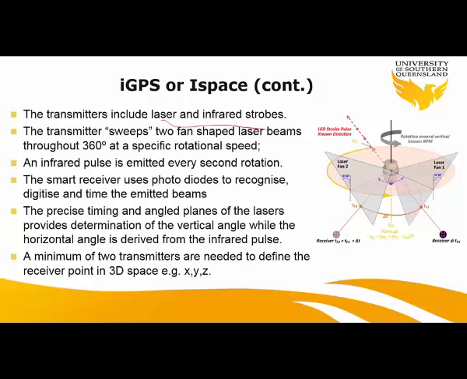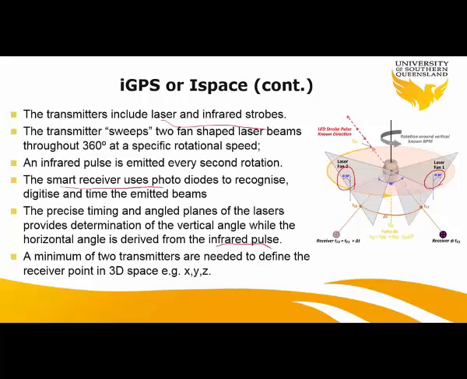These fan shapes are opposed at 90 degrees, and each fan is itself inclined by 30 degrees to the vertical, in opposite directions to each other. An infrared pulse is also emitted every second rotation. The precise timing and angle of the laser plane gives you the vertical angle, and the horizontal angle can also be determined using the infrared pulse, as you can see in the image.